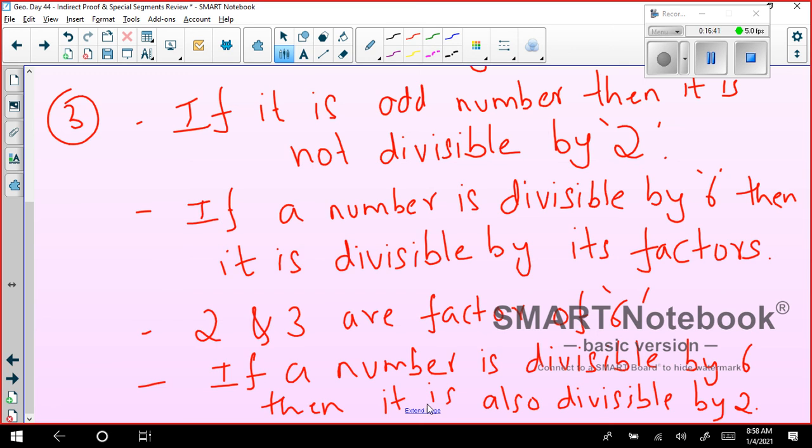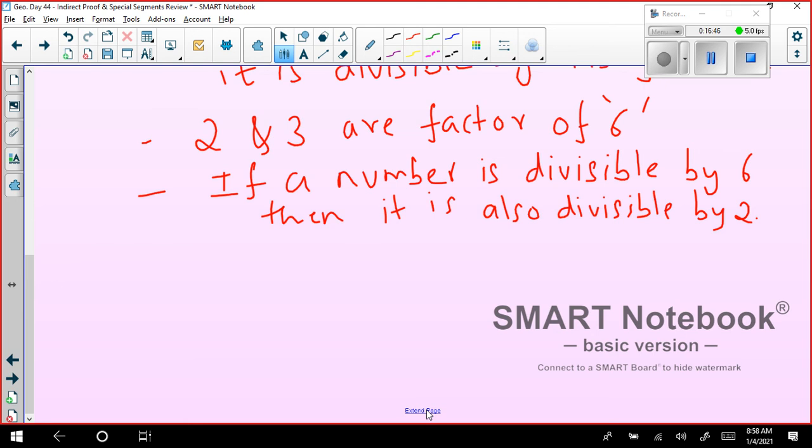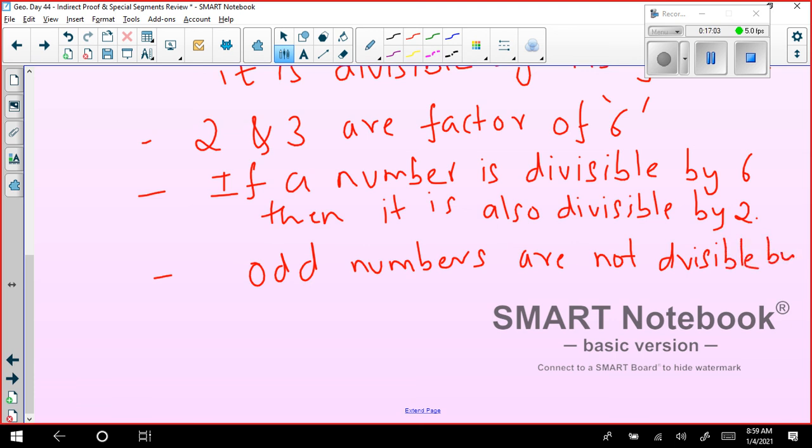And odd numbers are not divisible by 2, hence we have a contradiction. We have a contradiction.